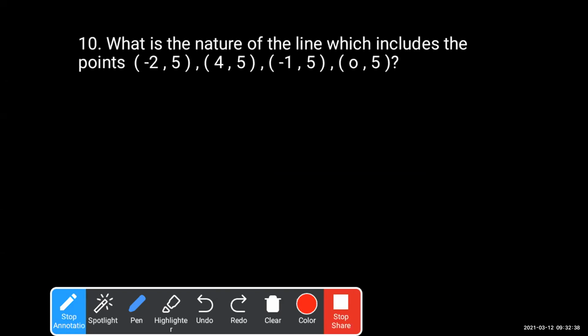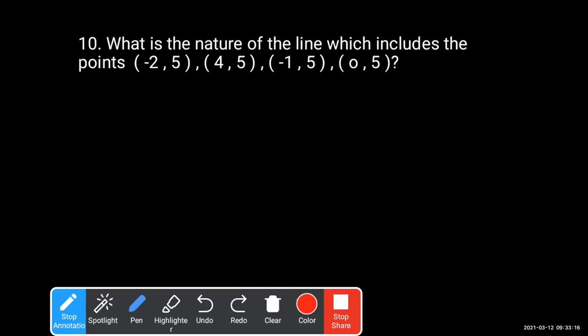What is the nature of the line which includes the points (-2, 5), (4, 5), (-1, 5), then (0, 5)? Here you have to write the nature of the line. Nature of the line means whether it is parallel to the x-axis or parallel to the y-axis. You can explain this by using the general form.